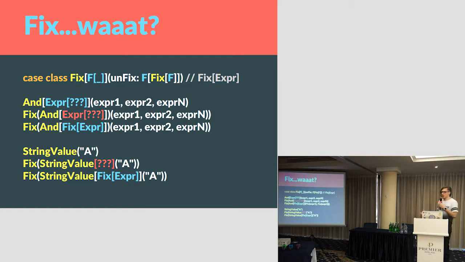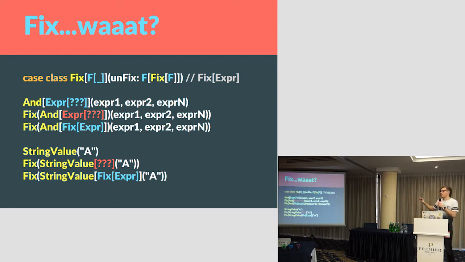What can we do with value classes? Value classes have this generic type too, but they don't have any pointer. So currently I have a question. Do we have any restrictions to just say that our value class will have the generic type fixed expression? Who thinks that there are some restrictions and we cannot do it?